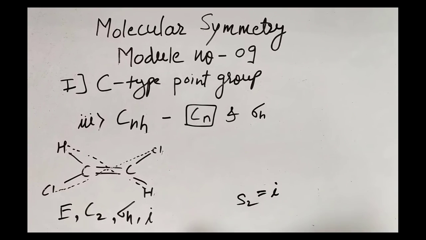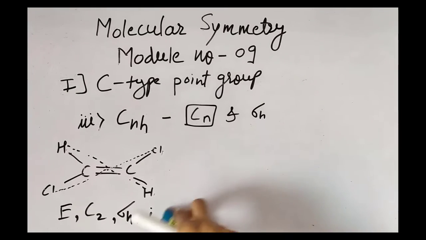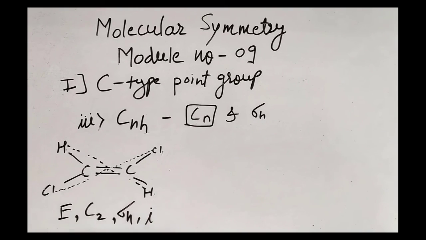So, as we have written I, we need not write down S2. Why? Because we have mentioned I and I is nothing but equal to S2. So, these are the 4 symmetry elements present in the trans-dichloroethylene molecule.